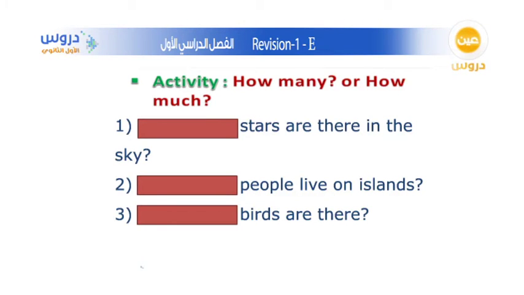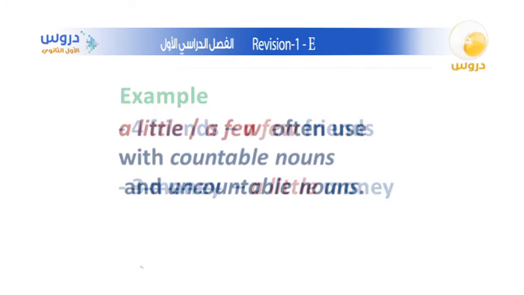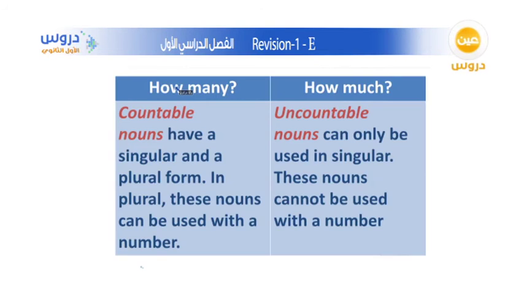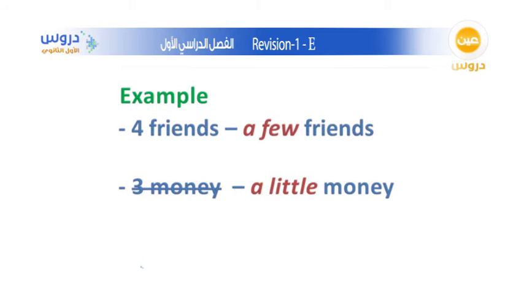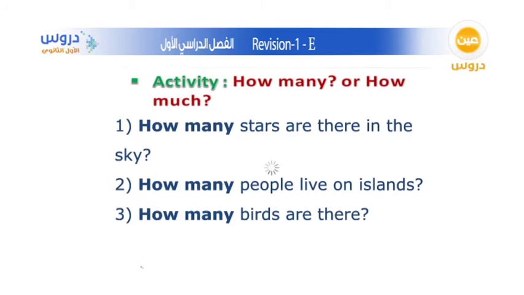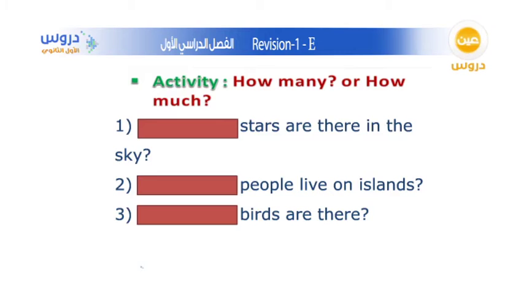If it's countable, you can count, so you have to use how many. If it is uncountable, you have to use how much. Okay? That's great. So Mr. Ahmed here has answered the three questions: how many for number one, how many for number two, and how many for number three.